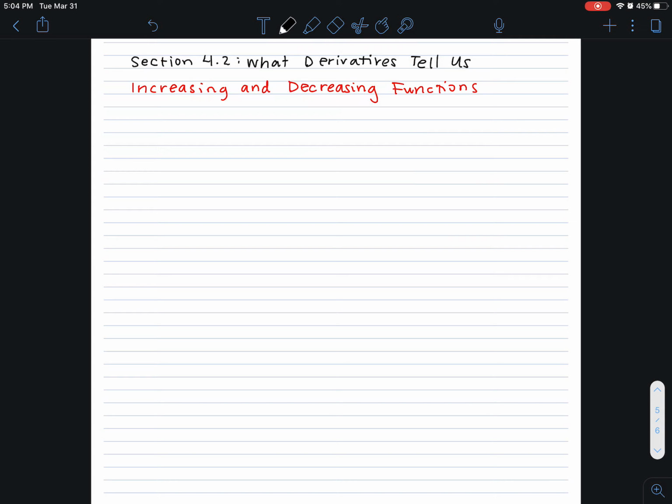So, a function f of x is increasing if f increases as x increases. So this should make some kind of intuitive sense to you guys.